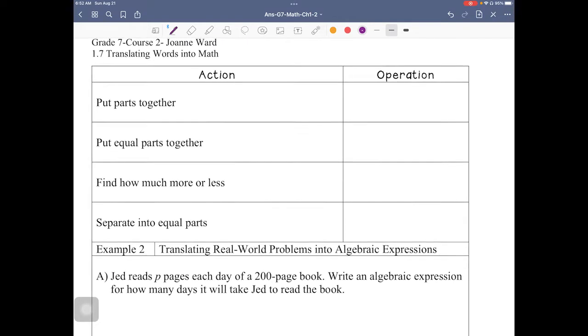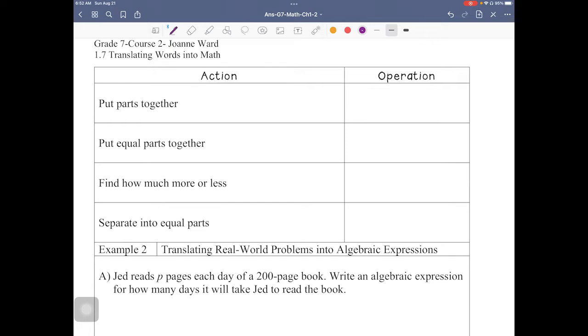So now I want to discuss some actions and operations. Put parts together is just like addition because I put parts together. And how about put equal parts together?